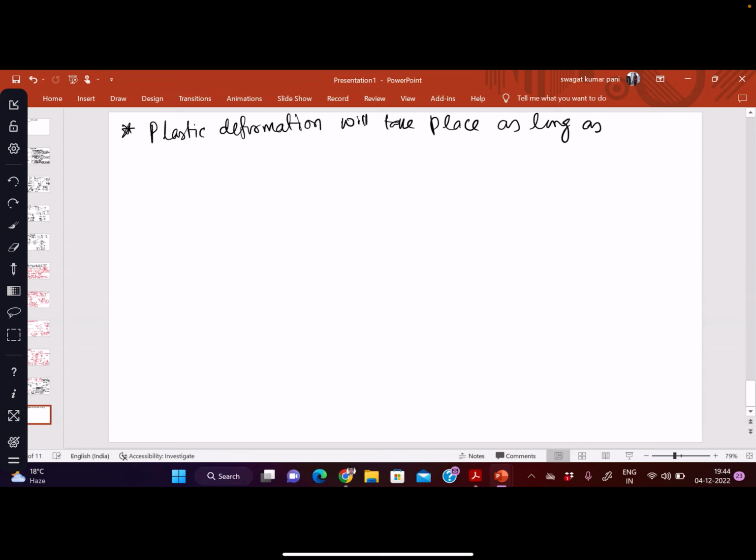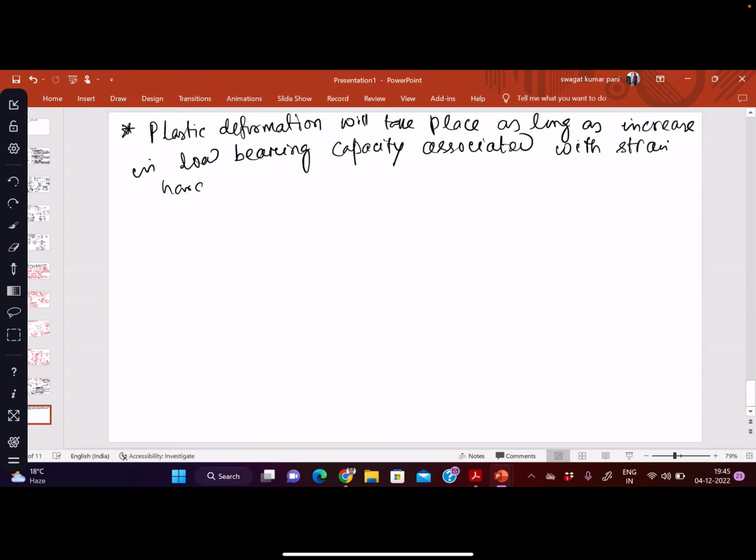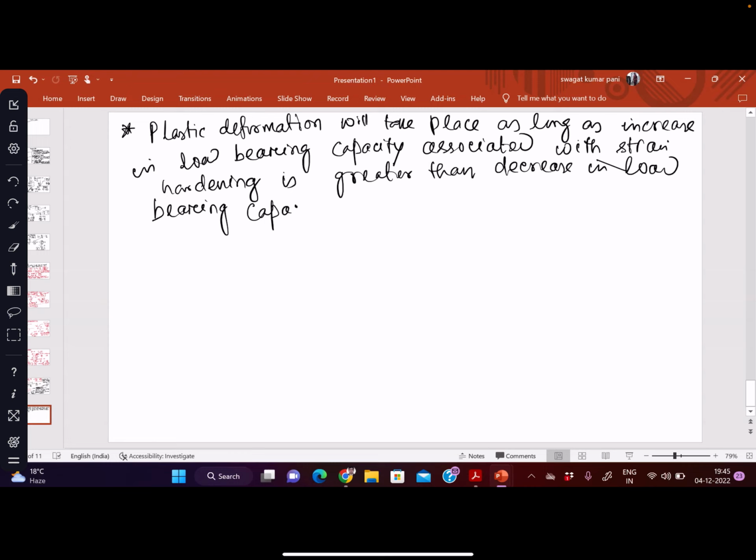As long as the increase in load bearing capacity associated with strain hardening is greater than the decrease in load bearing capacity due to decrease in cross section area, deformation stays uniform.